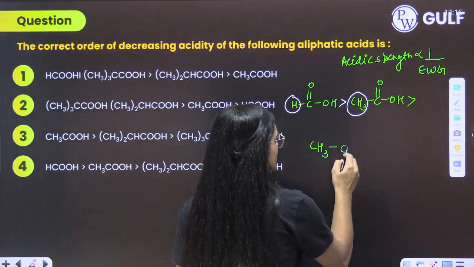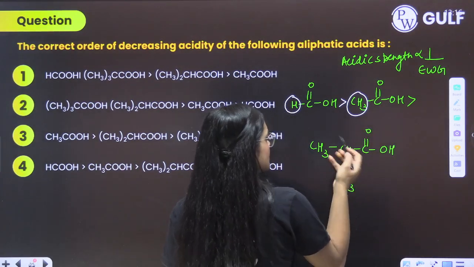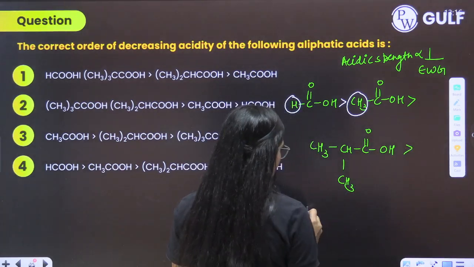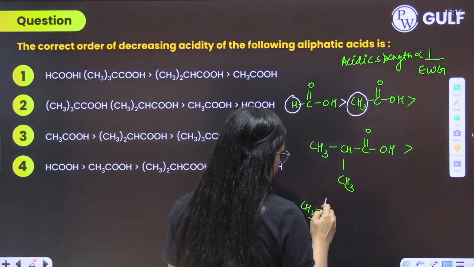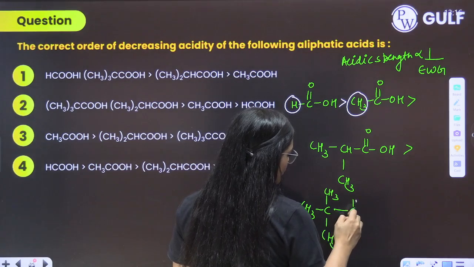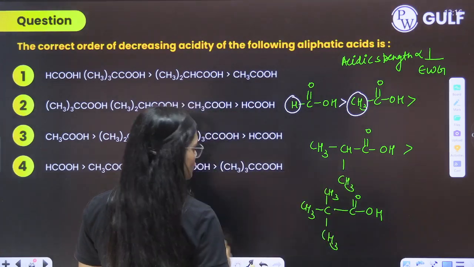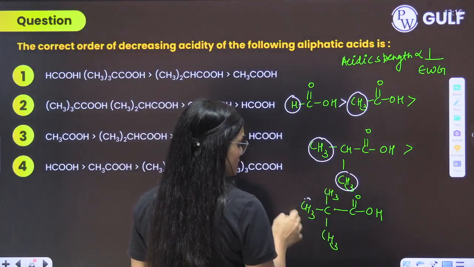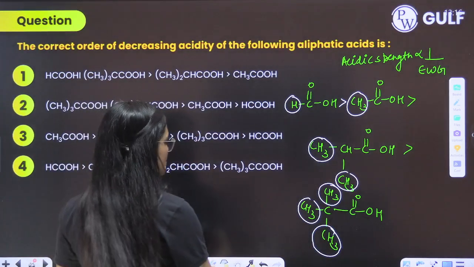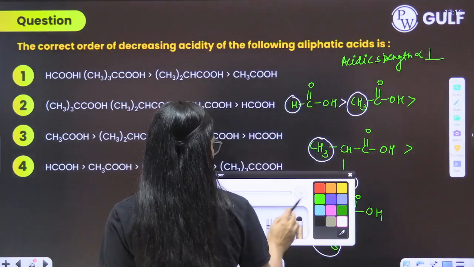Of course, its acidic strength would be even less as compared to the 3 degree one, wherein (CH3)3C and C double bond OH is there. So here you have two electron donating groups attached, here you have three attached, more electron donating groups. These are donating groups, beta. EWG nahi hai. Here it is EDG, electron donating groups.